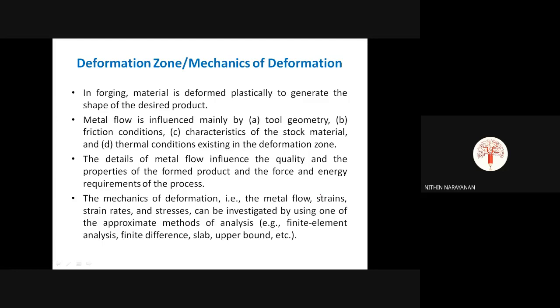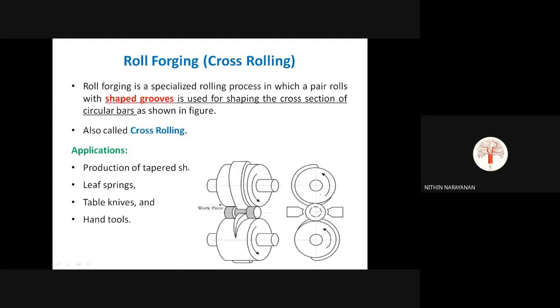The mechanics of deformation, that is the metal flow, strains, strain rates, and stresses, can be investigated by using one of the approximate methods of analysis, that is either finite element analysis, finite difference, or slab or upper bound, etc. So there will be a flow of metal happening during the forging process also. That flow is mainly influenced by the tool geometry, friction condition, and the other factors mentioned here.